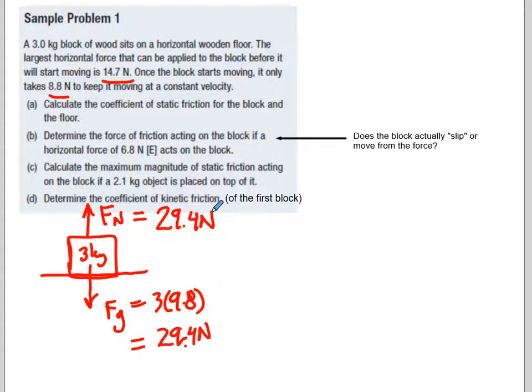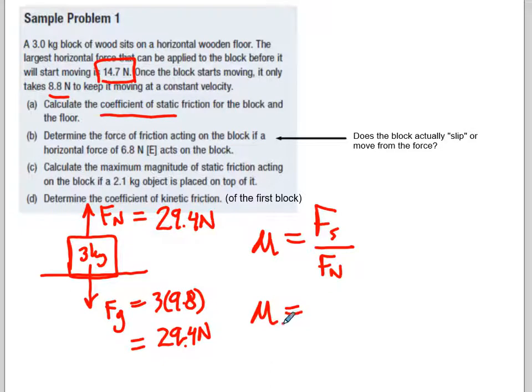Now that's important because if I wanted to calculate the coefficient of static friction, I need my normal force. This 14.7 up here represents my maximum static friction force. So when I go to calculate this, I'm going to have Fs over Fn. And when I do my coefficient of friction here, I should put a little s in there just to keep track of that.